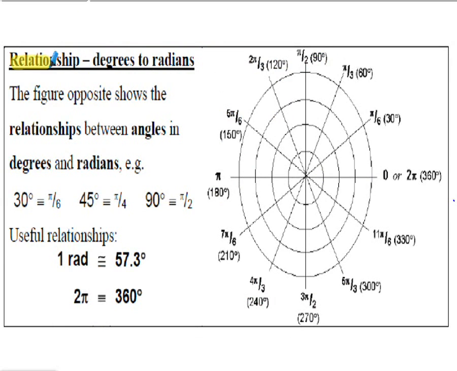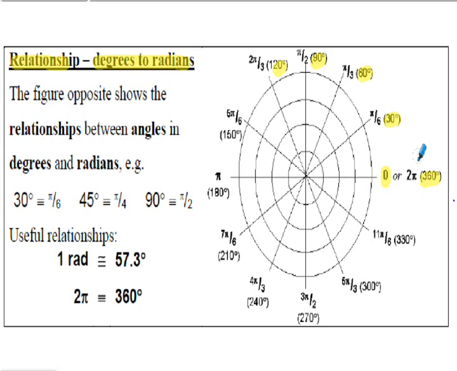Let's now consider briefly the relationship between degrees and radians. On the circle shown here, we start on this position of 0 and we rotate anti-clockwise every 30 degrees, shown here 30, 60, 90, 120, etc., right the way around till we come back to 360 degrees in the one revolution. If we now consider that in terms of pi radians, then 0 to 360 degrees, one revolution, would be 0 to 2 pi radians.